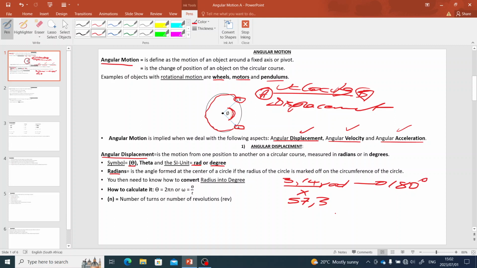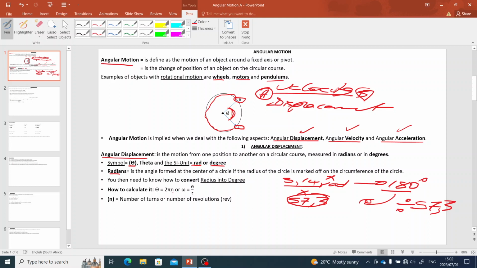So when you convert radians into degrees, you multiply by 57.3. When we convert degrees into radians, we divide by 57.3. Then we would have converted the degrees into radians. The unit of theta is either radians or degrees.